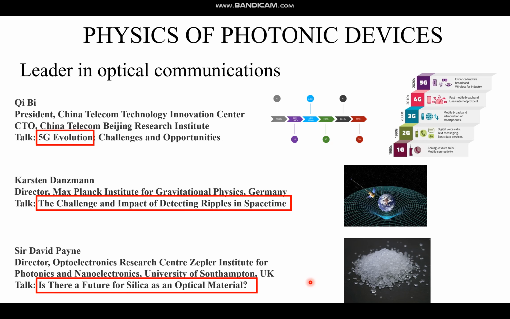One is 5G. 5G is a very well-known concept of communication systems nowadays in Korea. One is gravitational wave detection using interferometers, neutron stars and pulsars. And the last is optical materials. Next materials compared to silica are a very big issue for optical communication systems, I think.